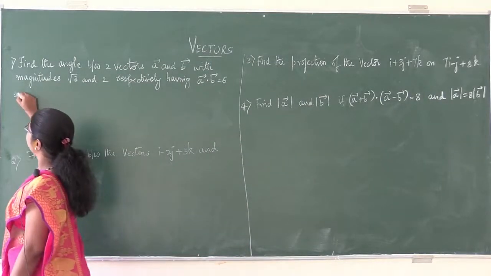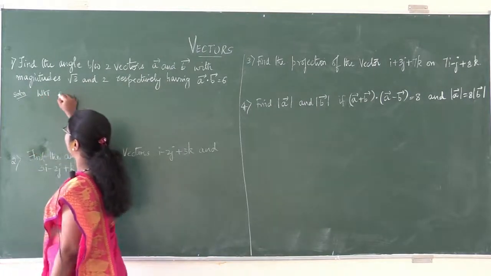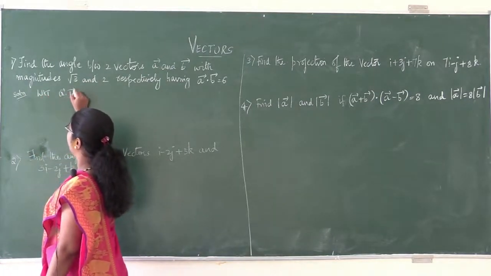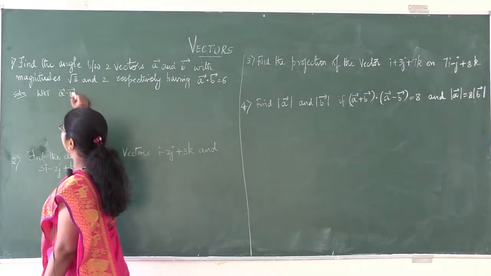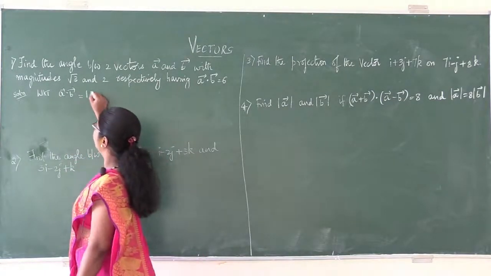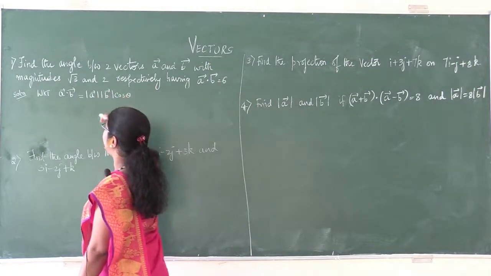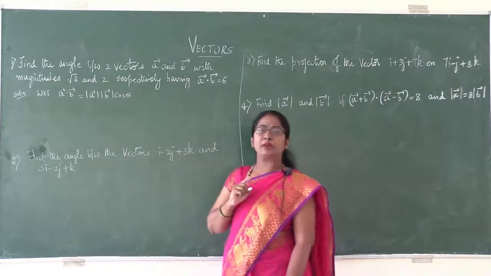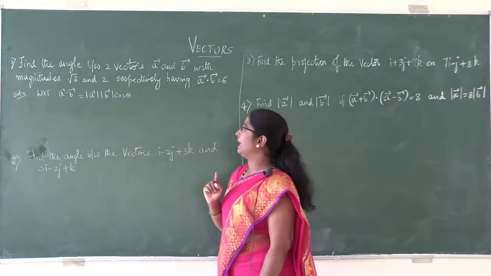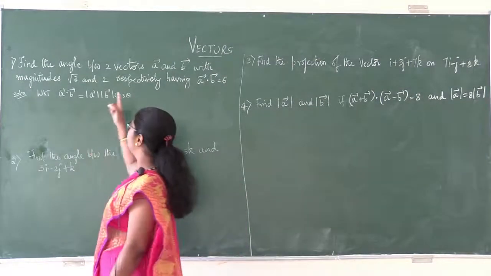So the solution is, we know what vector A dot vector B is by the definition of dot product. Vector A dot vector B is equal to magnitude of vector A, magnitude of vector B into cos theta. What does the first sentence of the question state? Find the angle between two vectors. So we are supposed to find the angle. That angle is nothing but theta.